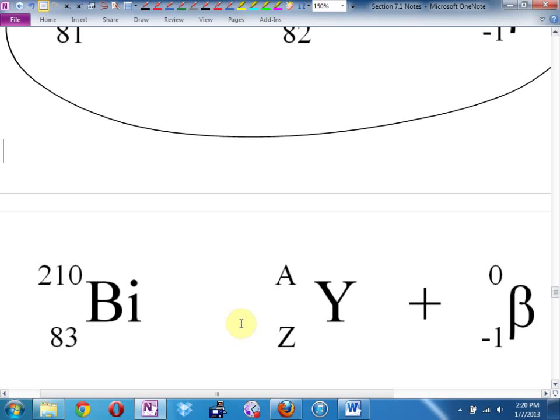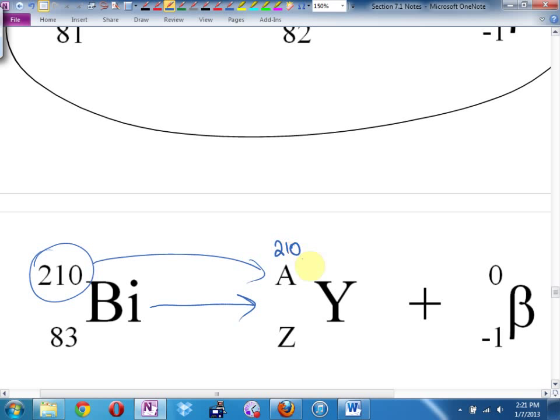All right. Again, the arrow didn't print. Sorry, guys. We're giving off a beta particle. How can I tell? Because it's got the symbol for a beta particle. My original mass was 210. What's the mass of the new element that we decayed into? It's got to be 210.